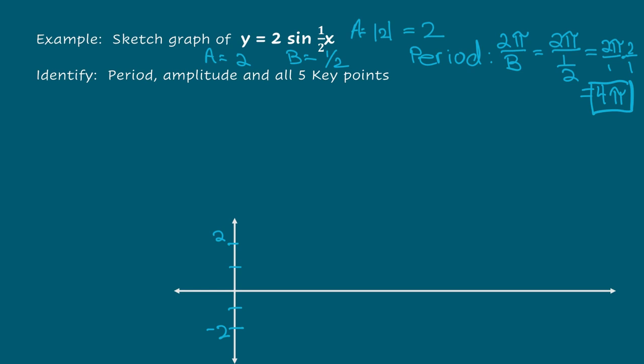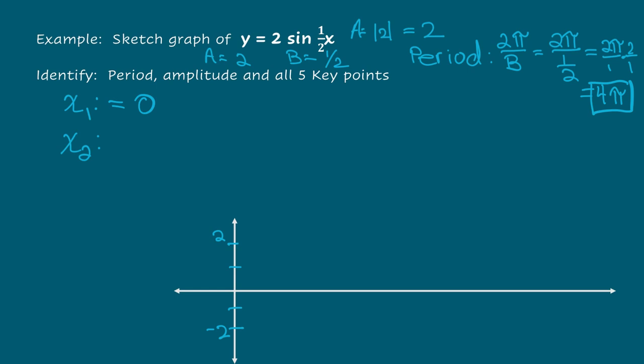So my first point, my x1, is going to be 0. My next point is going to be 0 plus a quarter period. So remember, we need to calculate a quarter period in order to know what to add.